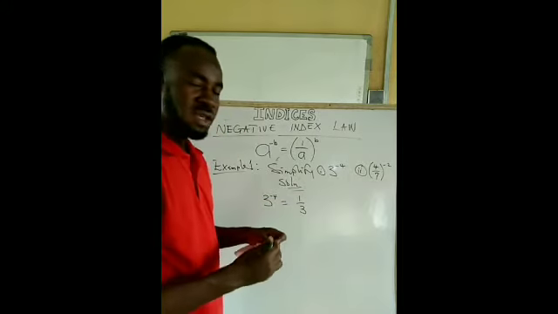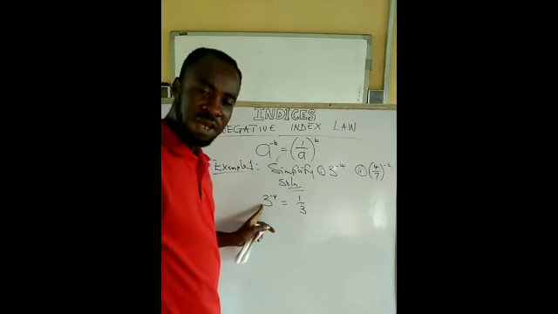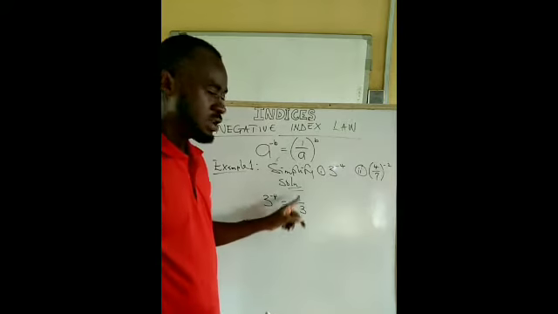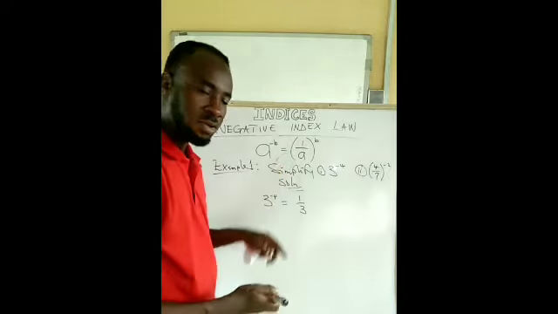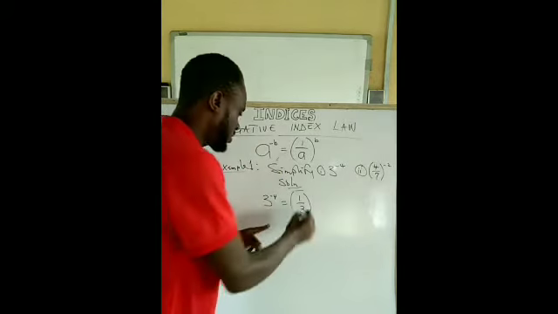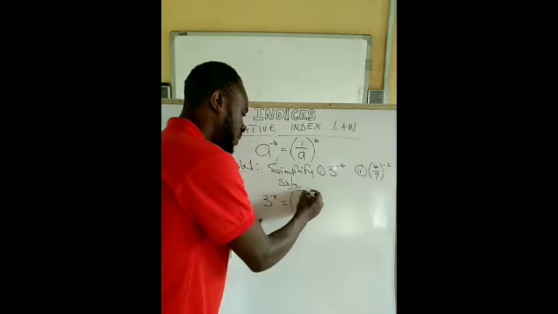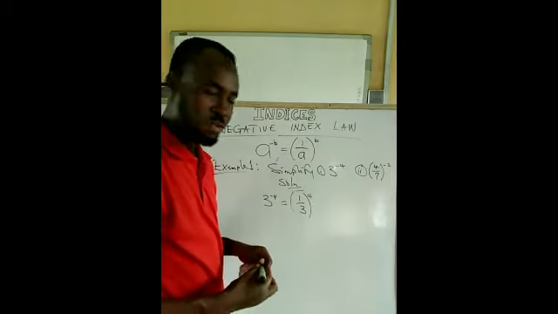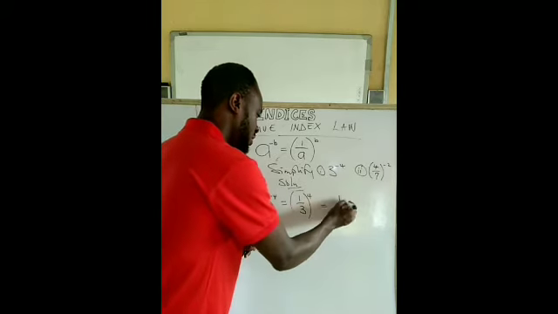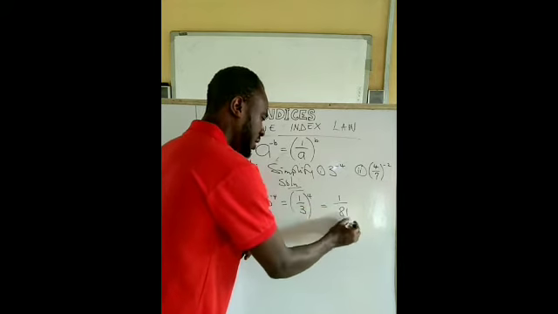Remember, I told you that the multiplicative inverse is the same thing as the reciprocal. So the reciprocal of 3 is 1 over 3. Just flip it. And then what happens next? The negative sign of the power changes to what? To positive. Which means our answer is 1 all over 81.